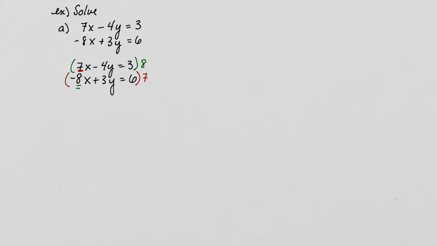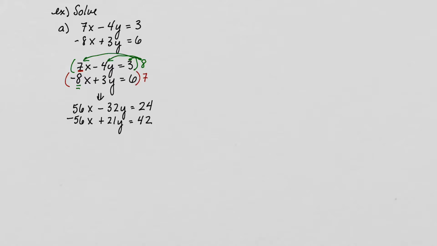And now I'm going to get a new set of equations. 8 times 7 is 56, so I have 56x minus 32y equals 24. Remember, this 8 has to go to all the pieces. And then the second equation is going to be negative 56x plus 21y equals 6 times 7, which is 42.